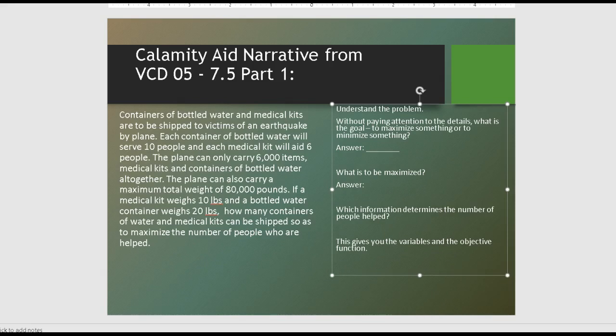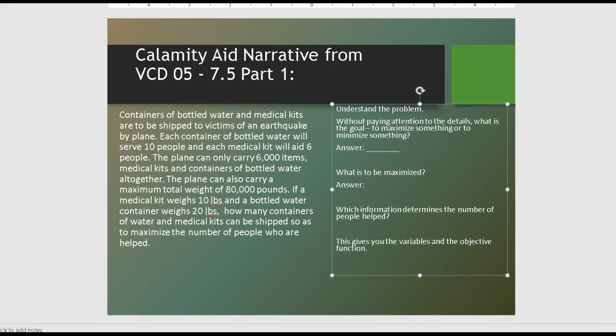Let's go back to the Calamity Aid linear programming problem from virtual class day number 5. I showed you how to solve that problem by giving you the objective function and the linear constraints directly from reading the problem and by showing a little drawing here and there.